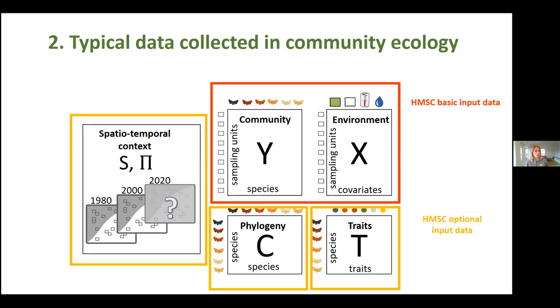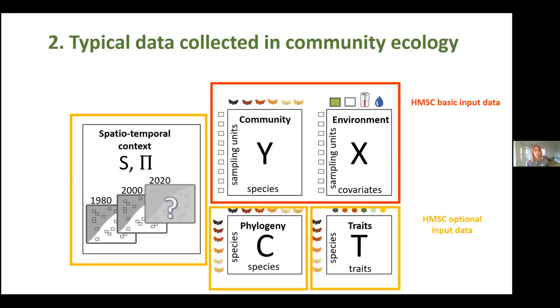The basic input data for an HMSC analysis is that you have your community data and the environmental data, so that you can link the responses of the species to the environment. This is a model which would have the community data and environment data. That would be the most basic data matrices that I have explained.